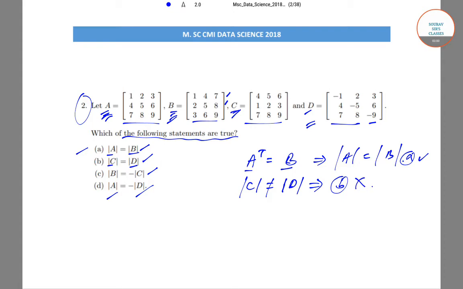Now coming back to option C. Option C says that determinant of matrix B is equal to negative of determinant of matrix C. Now the matrix B has been given as 1, 4, 7, 2, 5, 8 and 3, 6, 9.